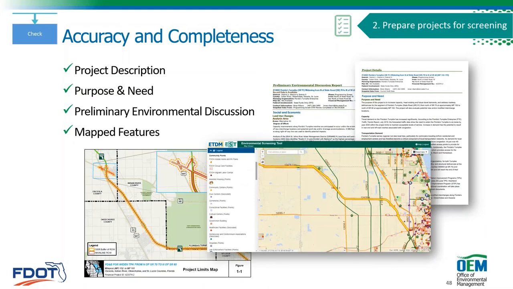It goes out as part of the advanced notification to an even expanded group of people, and it's made available on our public site. So look at things like the project description, the purpose and need, the PED, and the mapped features to make sure that they're consistent and correct and accurate. That's a key component, and there are reports and maps available on the EST to help you do that review.